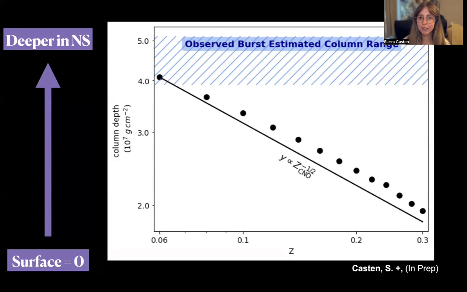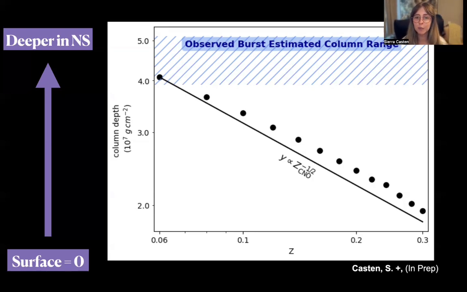And as you can see, as you increase in metallicity, you get shallower and shallower in the neutron star where the fuel ignites, which is not at all what we estimated for our observed burst. We estimated it to be a bit deeper, which is what it's showing us for lower metallicity around 0.06. And so this is showing us that, yeah, this probably isn't the way it really happened.